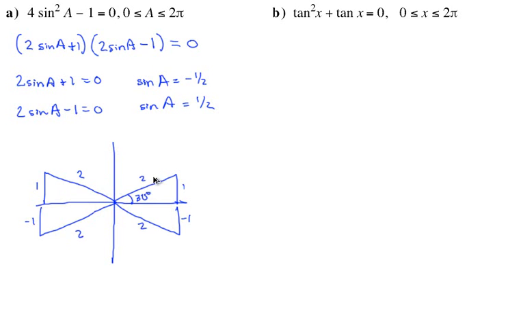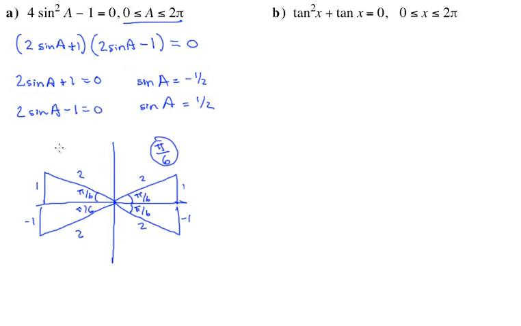Now, for once I caught it a little early. They want radians here, so our reference angles are pi by 6, and we get that reference angle in all 4 quadrants. So as far as solutions, in the first quadrant, we really do get pi by 6. That one's easy. That's our standard angle.